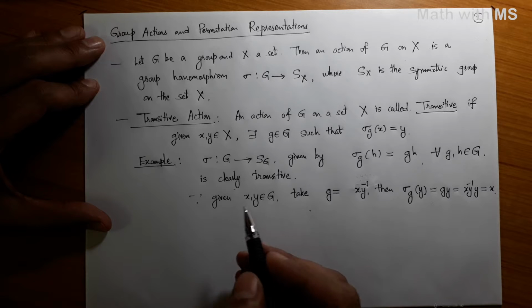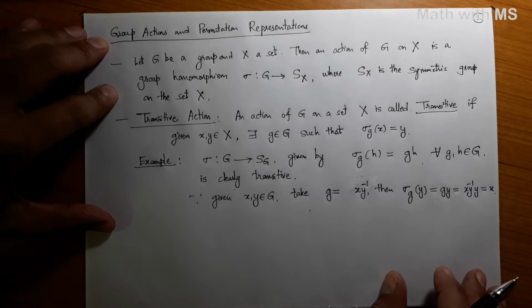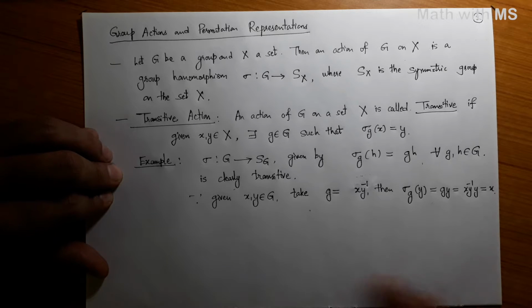Therefore left translation of a group on itself is always a transitive action. Similarly, right translation. So there are plenty of transitive actions.